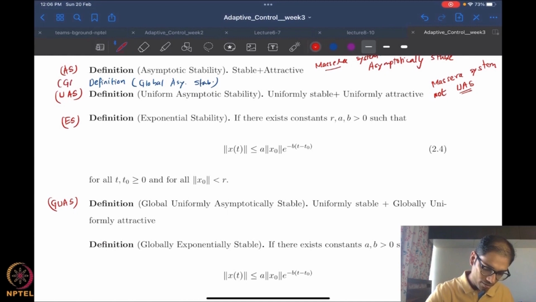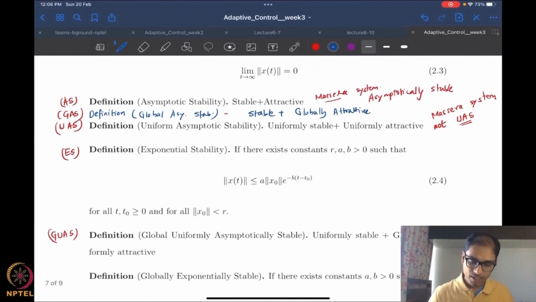So this is GAS. And what does this require? It requires stability, because there is no uniformity, plus globally attractive. Okay. Stability plus globally attractive.